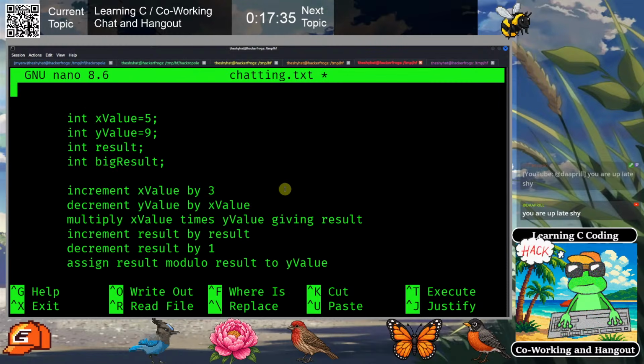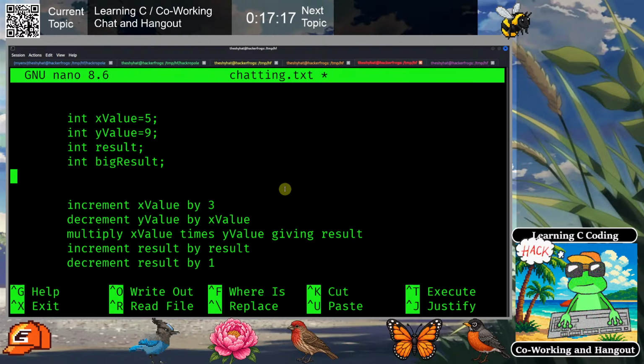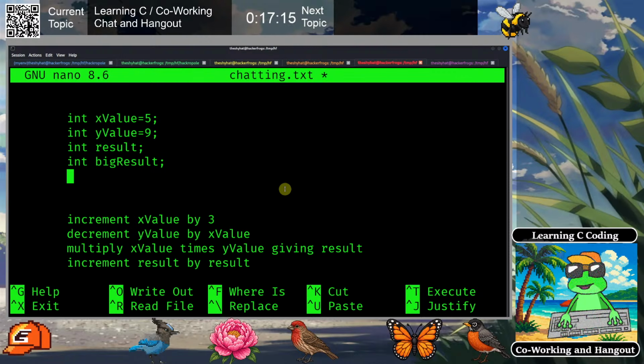Okay, so they say what we need to do. So x value and y value. X value equals 5, y value equals 9. And we've got a result and a big result. So they want us to increment x value by 3.